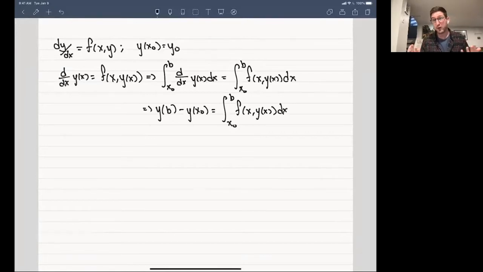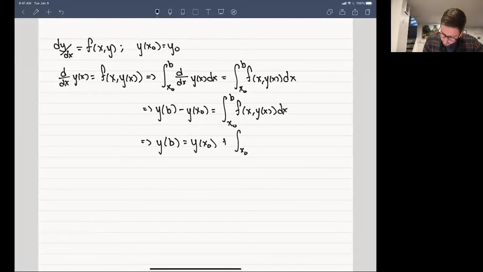And that's an a priori assumption because, again, we don't know what y is. That's the whole purpose of doing this. So bear with me for a moment. But this tells me that I can find the y of b, so the value of y in the future, just by knowing where I've started and by computing this integral.